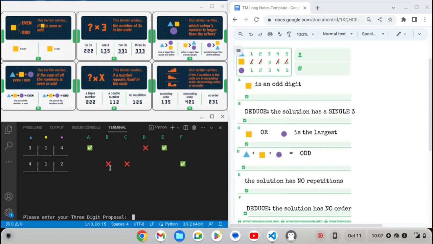Okay. D. I've corrected for D. I'm anticipating there being a 3. And now, which is the largest?